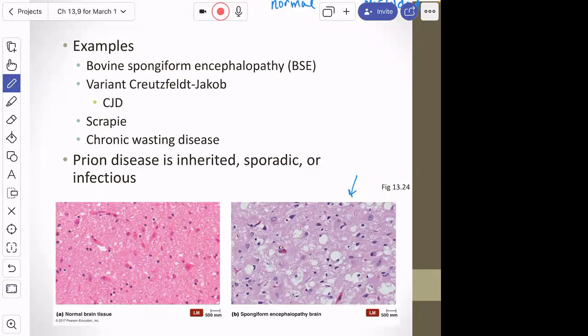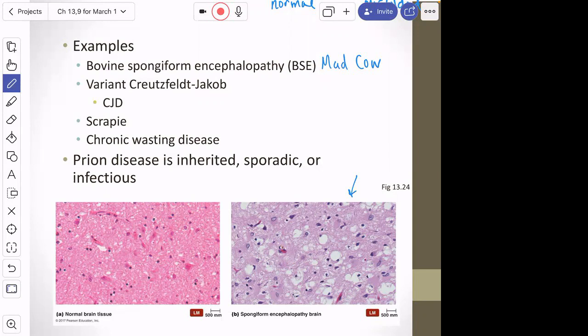All right, so probably the best known prion disease is the bovine spongiform encephalopathies, also known as mad cow. That really came to the forefront in the late 80s, and the epicenter was England.